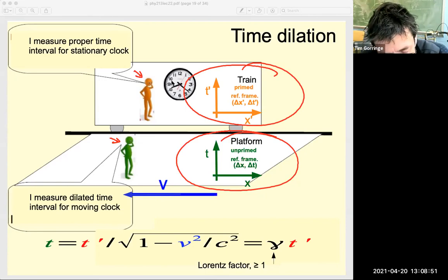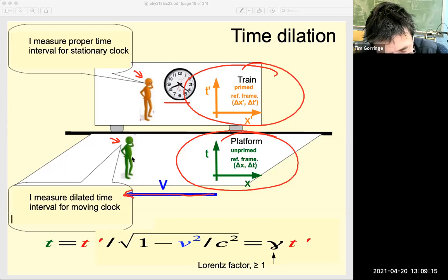But now we're looking at the clock in the train. This clock in the train is at rest to the train observer, but it's moving for the platform observer. And here's the motion of the platform observer with respect to the train's reference frame. So this is a picture with respect to the train's reference frame.